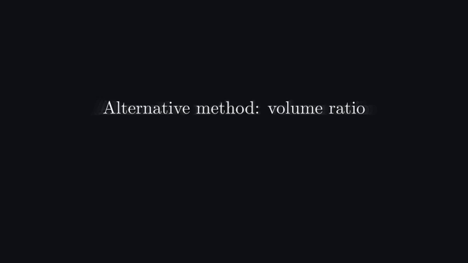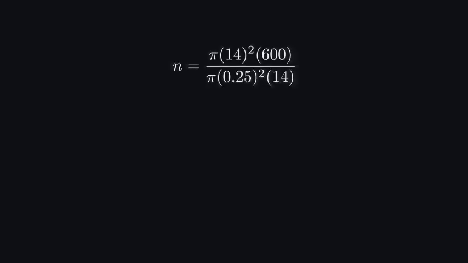Alternative method, volume ratio. N equals pi r squared h over pi r squared h. N equals pi times 14 squared times 600 over pi times 0.25 squared times 14.